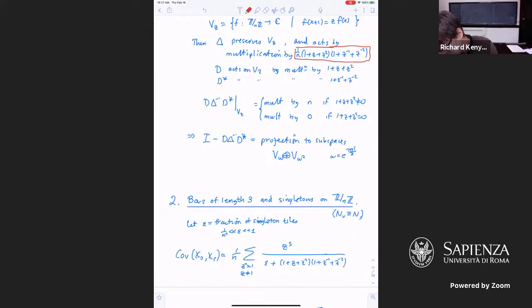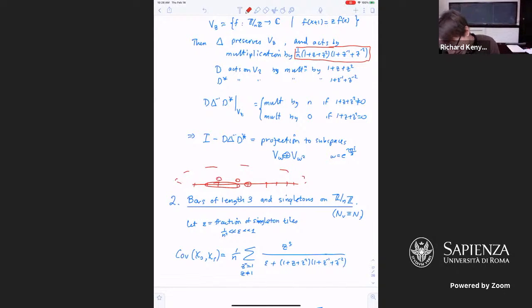Right, so on my long cycle here, I can tile with bars of length 3, but I can also tile with single vertices. So you can think of the single vertices as defects in the tiling. If I add some positive density of defects, then suddenly I no longer feel the boundary conditions as strongly. So maybe you don't notice that you're part of a cycle, right?